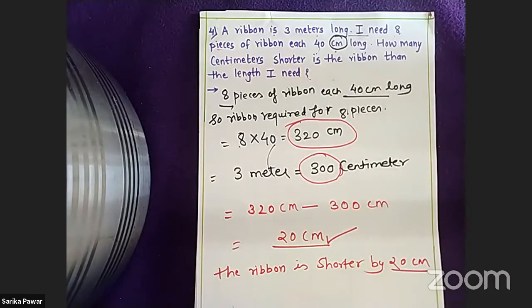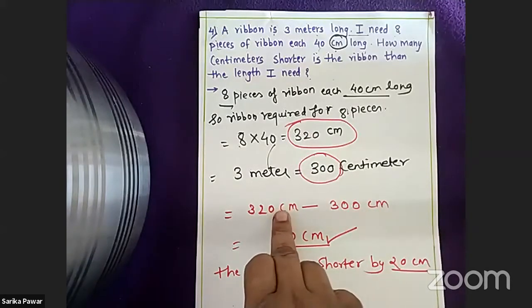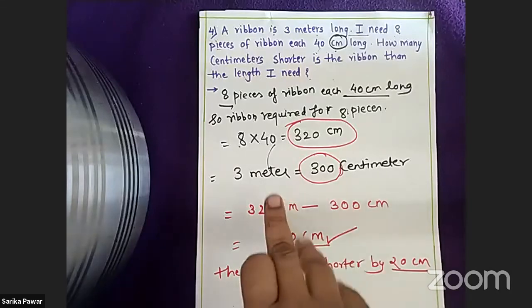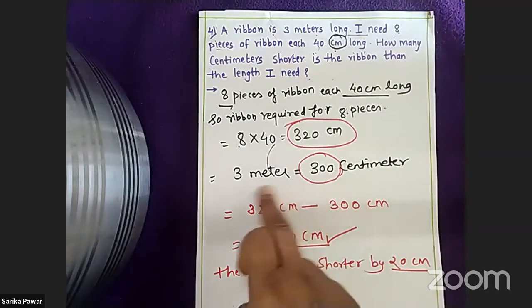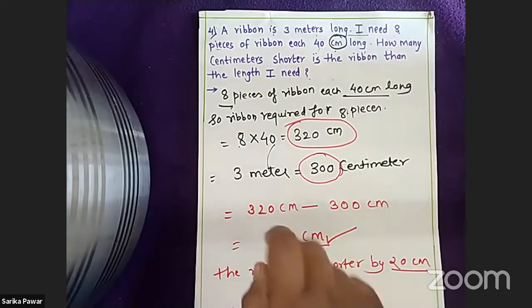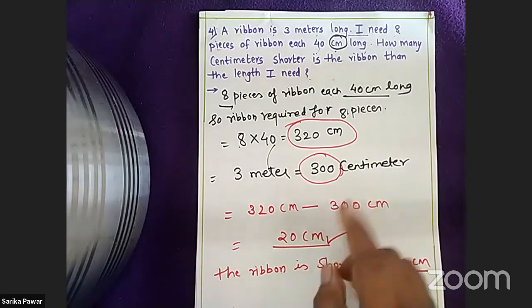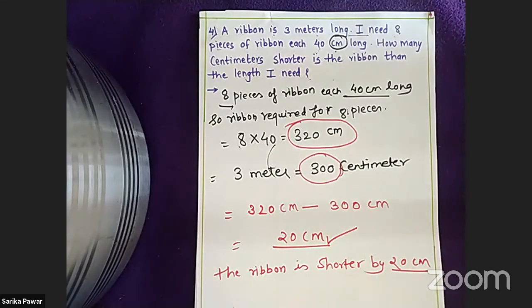So 320 centimeter we require and the given ribbon is 300 centimeter, and the answer is 320 minus 300. That is 20 centimeter. So the given ribbon is shorter by 20 centimeter. Okay, I think this question is now clear to you.